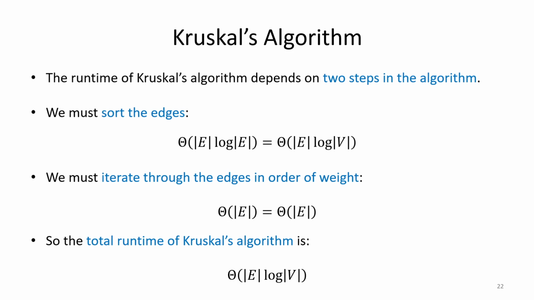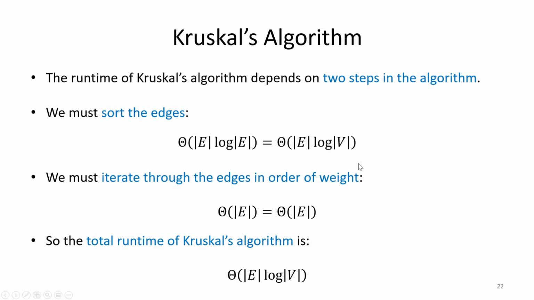It's actually quite a bit simpler for us to analyze than Prim's algorithm, mainly because the bulk of the effort is carried out by the first step of our algorithm, and that is when we sort the edges. Now, sorting the edges, if we have order E of them, is going to take order E log E using a fast sorting algorithm like a merge sort or quick sort or heap sort.